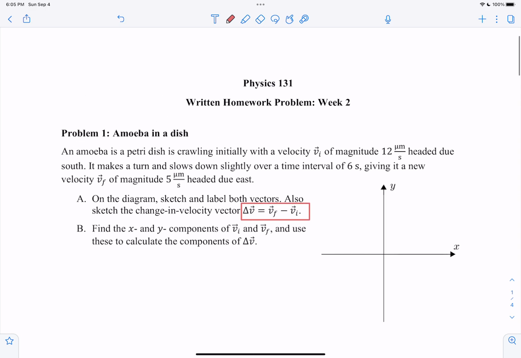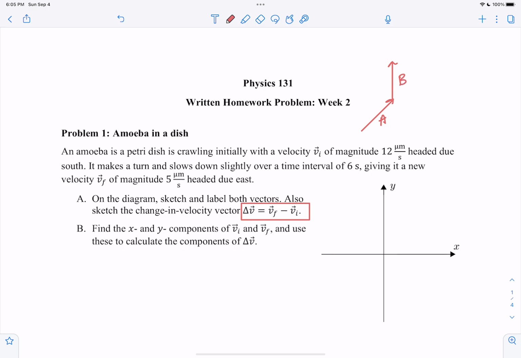So if you have an arrow like this, a vector, let's say this is vector A, right? And I want to add it to vector B. So I would have a tip to tail method, so I get the tip here and add that to the tail of the next vector, right?